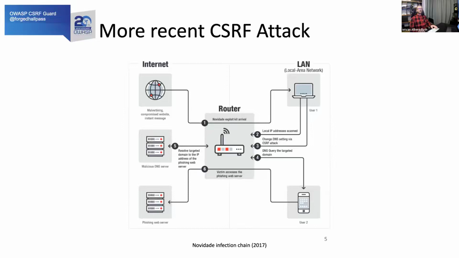Then with the CSRF attack or another one, they could change the DNS settings, the domain name server settings within the router, and that would result in quite a serious attack, because everyone who would join that same network, when they would try to access services known by them, might be redirected to a phishing web server where the attackers could steal their credentials, and then redirect them to the original sites, so they might not even realize what happened.